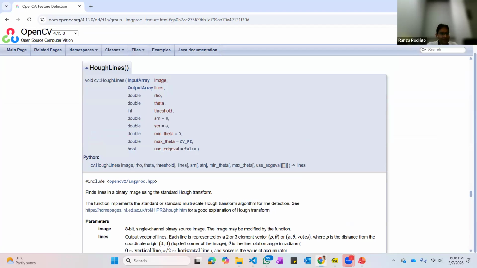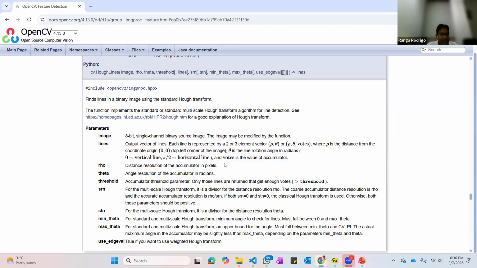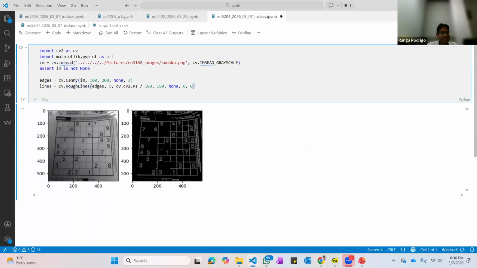In Python: image, rho, theta, threshold. Rho means distance resolution of the accumulator in pixels, 1 pixel. Theta is the angle resolution of the accumulator in radians. So as you rightly asked, it's a very good question. You have to give that. Okay, now I have the lines.